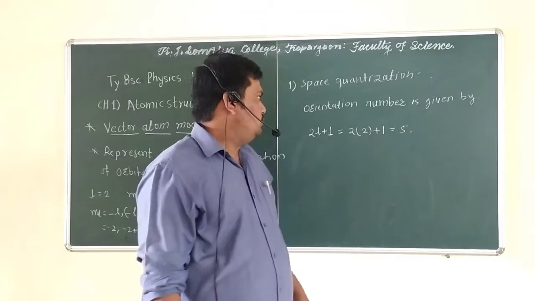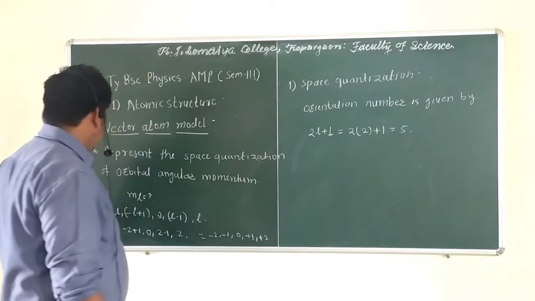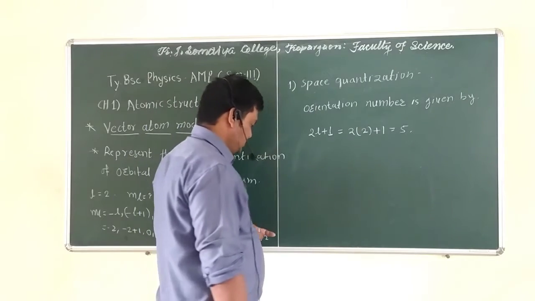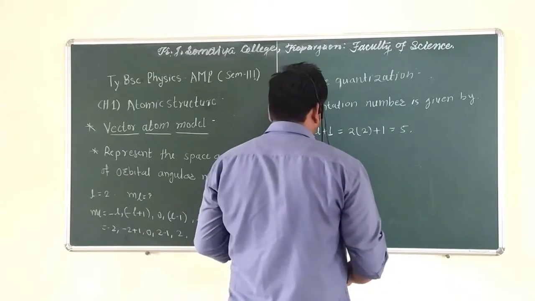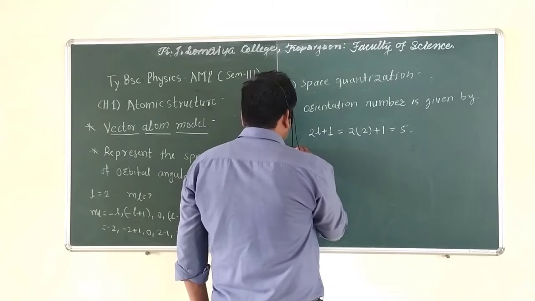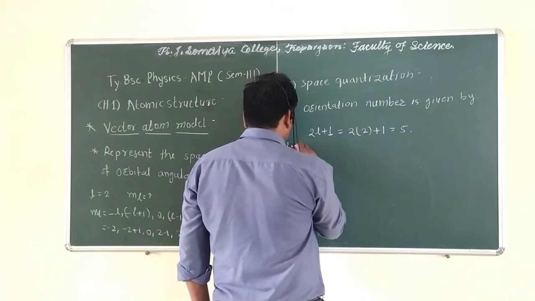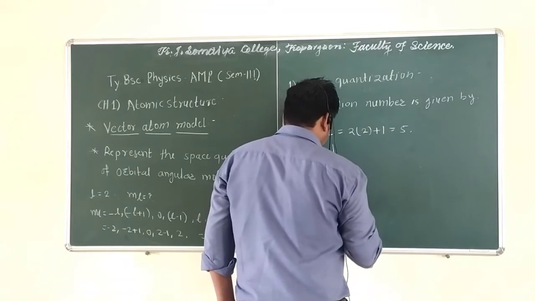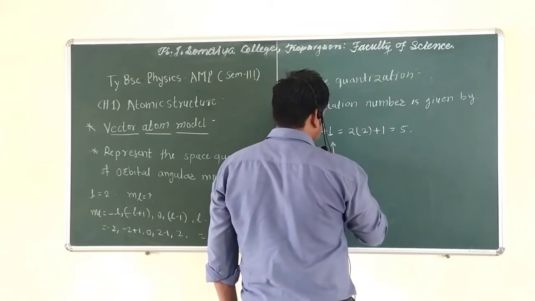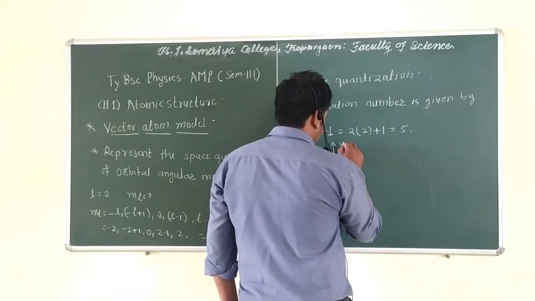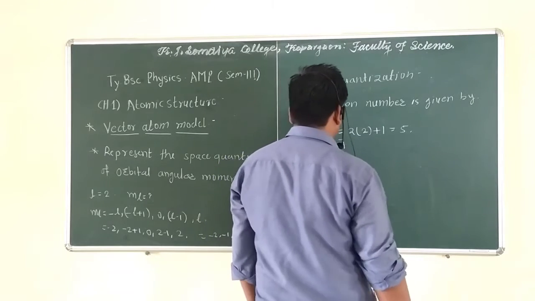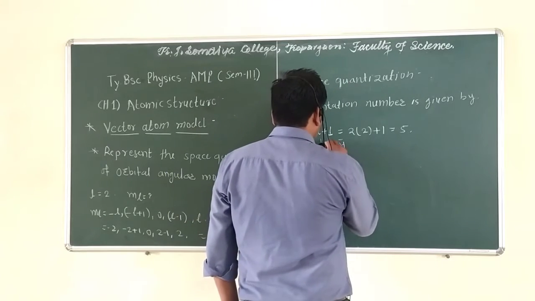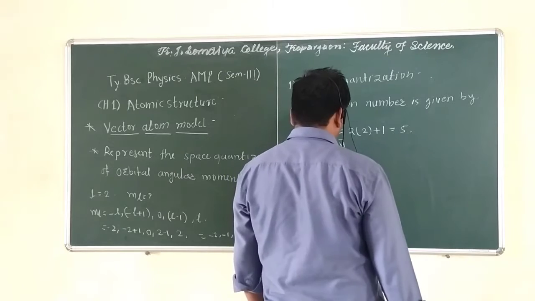Okay, given the L value and ml value, we want to draw the space quantization diagram for L equal to 2. The fixed z axis is along the external applied magnetic field, the projection operator is Lz, and the magnitude of L bar is also there.